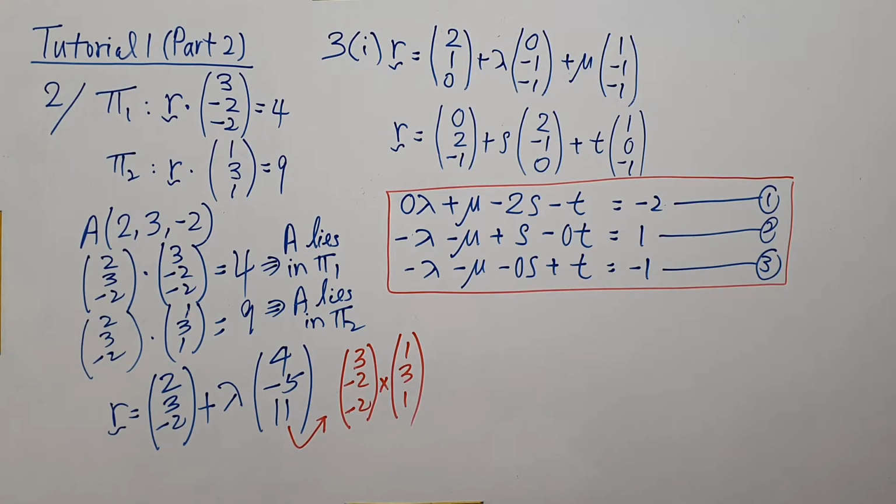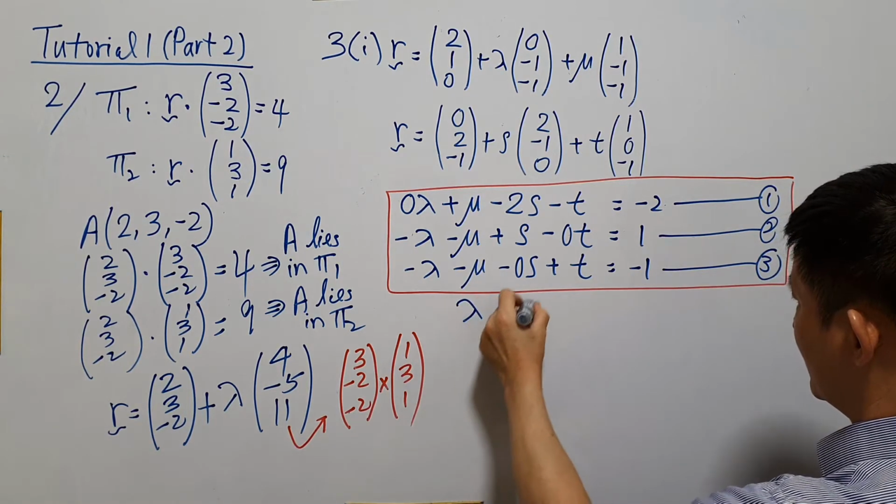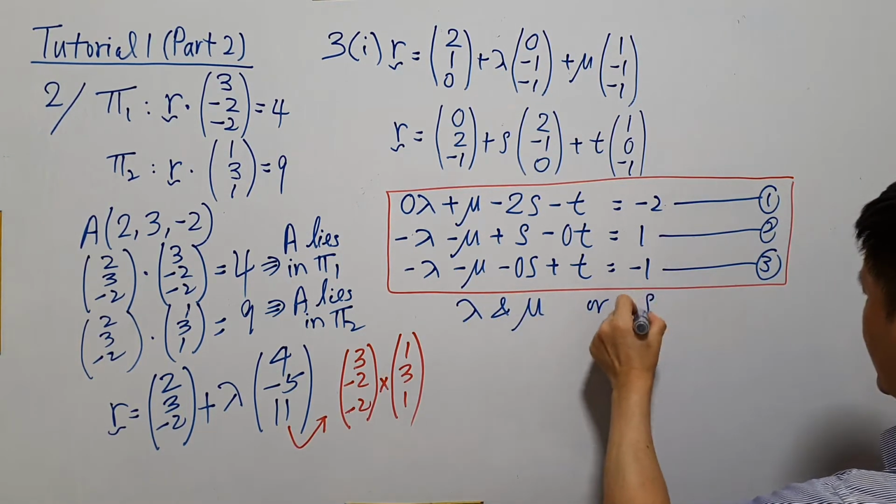After having written down the three equations, what do you think you want to do from here? From these three equations in 4 unknowns, I intend to establish a relationship between lambda and mu, or s and t.